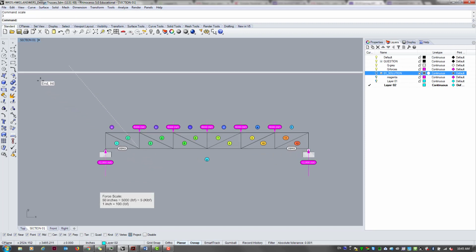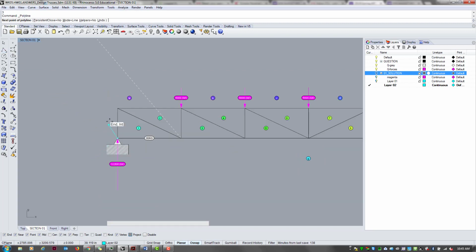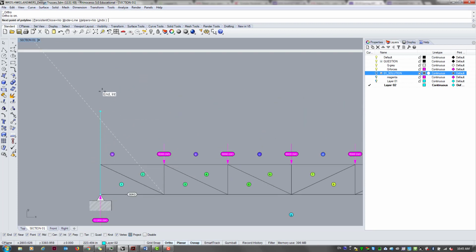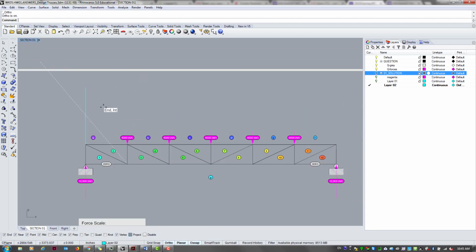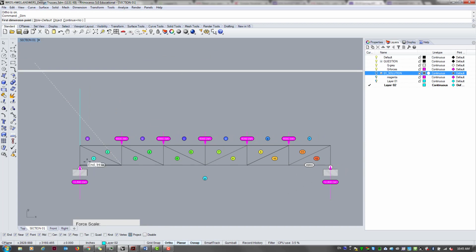So basically it means that the depth of the truss, currently, how deep is it? It's here, 72 inches. And we need to increase the depth of the truss by however much. It needs to go over there. So it needs to get to 180 inches deep.